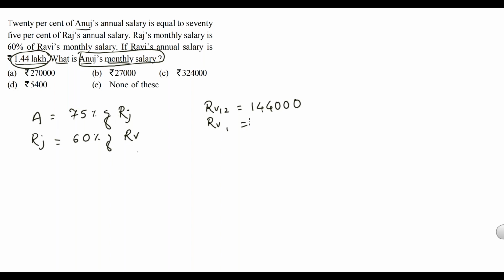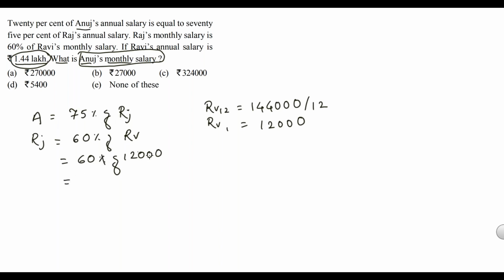How much for 1 month? I'm finding monthly salary with the help of annual salary. To get monthly salary, we have to divide the annual salary by 12, right? So which is 12,000. Now, if I put that value here, Raj's monthly salary will be 60% of Ravi's monthly salary. So what is 60% of 12,000?